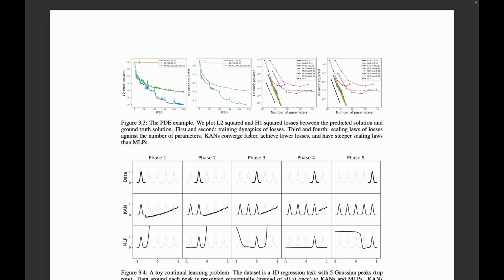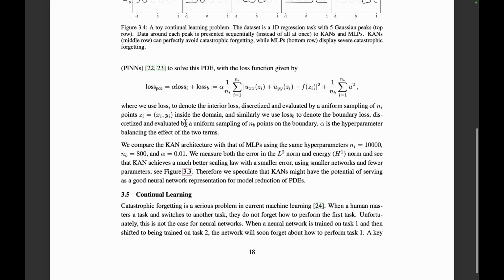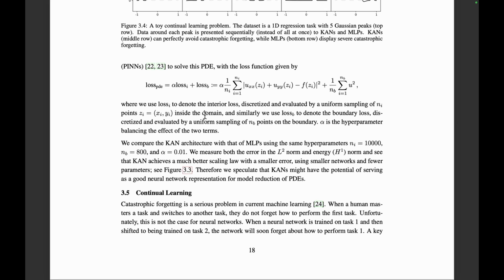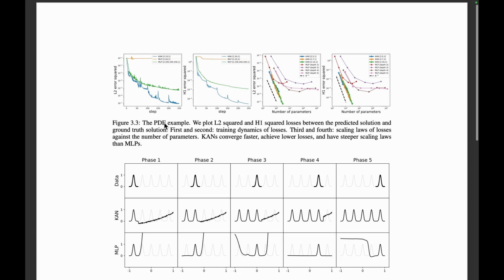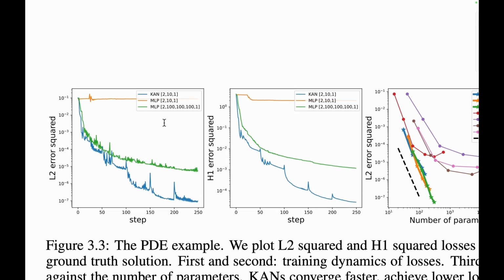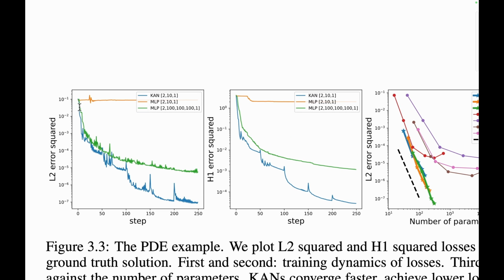So there are a couple of other experiments they have done. One is to do with partial differential equations. They try to find out how the KANs and MLPs do when it comes to solving partial differential equations. As we have been seeing, the first thing that we'll notice is that KANs converge very easily, and we can see that the loss decreases quite fast compared to multi-layer perceptrons.